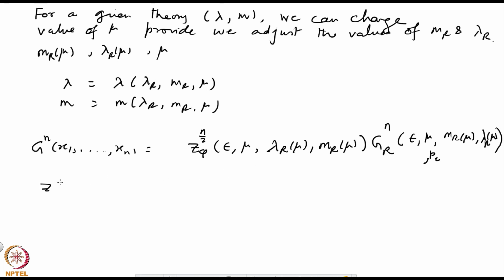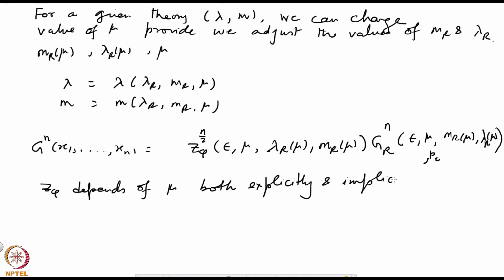So you see that Z tilde Z phi depends on mu both explicitly and implicitly, through lambda R and mu R and mR, sorry. So there is a mu dependence that comes through the arguments of mR and lambda R, that is the implicit dependence, and then you also have an explicit dependence on mu here.